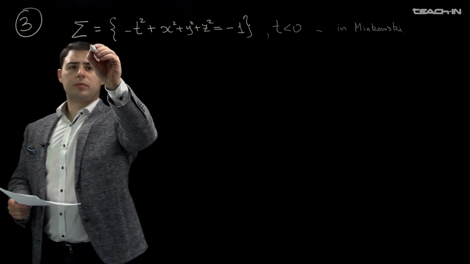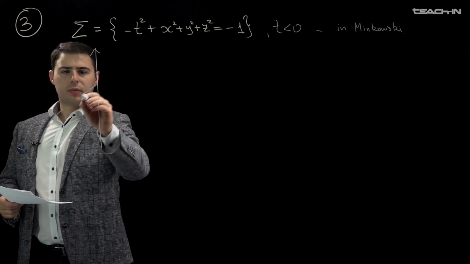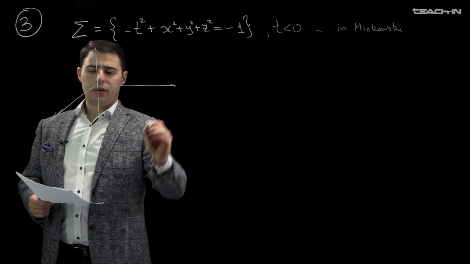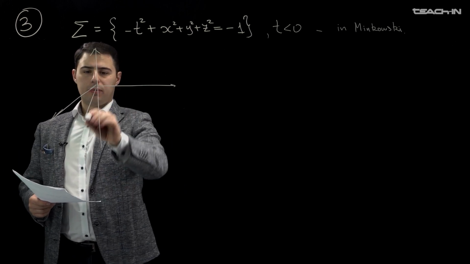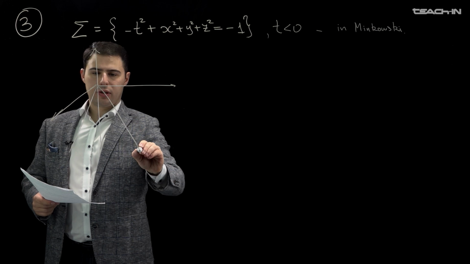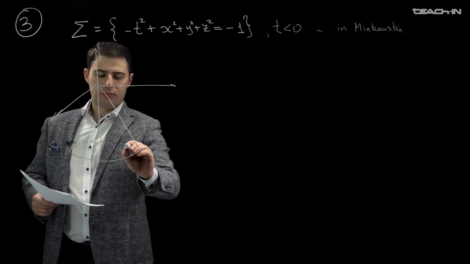Clearly the maximal development is basically the interior of the past light cone.